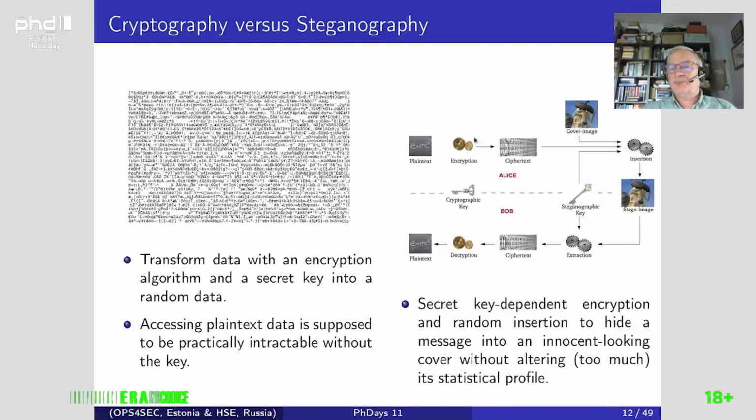On the right, you have steganography, here with the complete process. You take data, you encrypt them, you take a cover image, it may be an image, an audio file, or a video file. You embed to produce a stego image, you send it to Bob, and Bob will extract and decrypt. It is mandatory to have no visual difference between cover image and stego image, but since you embed, you modify some bits or some data.